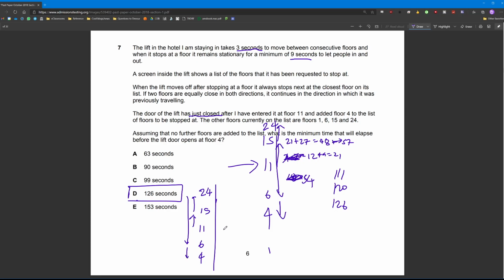I'm going to write it here at t is equal to 0, and it's here at t equal to 12 and stops 21, here at 48 stops 57, and then back down 111 stops 120, back down another 2, 126 seconds.